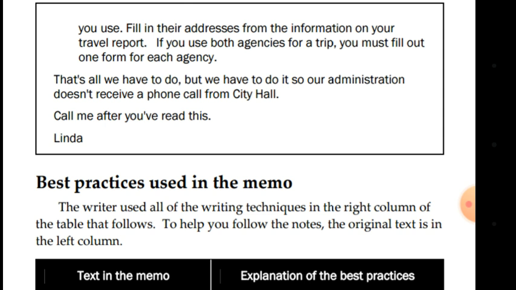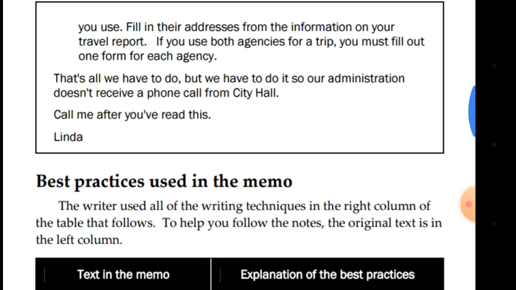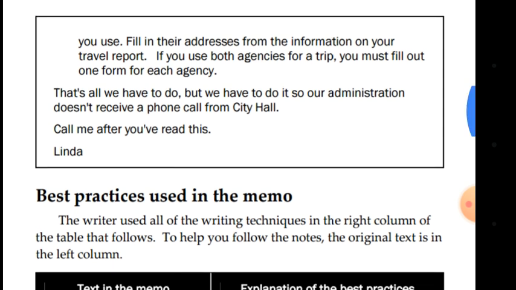He said that's all we have to do, but we have to do it so our administration doesn't receive a phone call from City Hall. So the writer ends cordially, emphasizing the importance of the activity again. The informal ending explains the consequences without including inappropriate comments about the activity or City Hall.